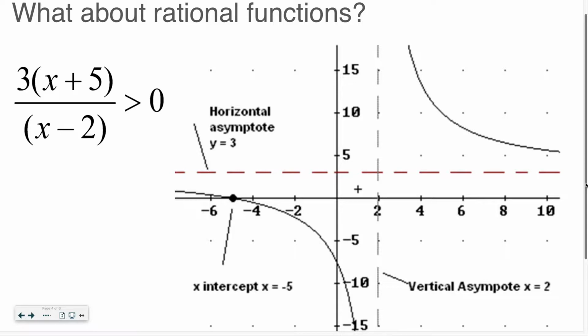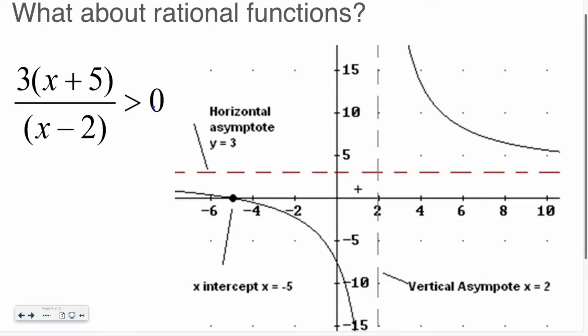Okay, so what would our answer be? Sophie, how would we describe our answer? Like, where are we greater than 0? We were talking about how the graph wouldn't go below 0, but it does. Well, tell me, when is this above 0? So when are we above the x-axis?